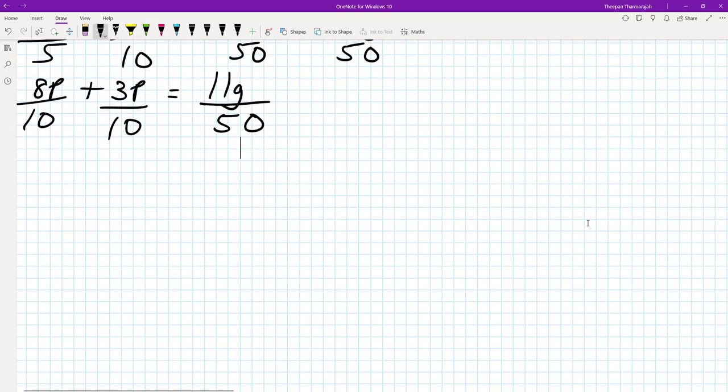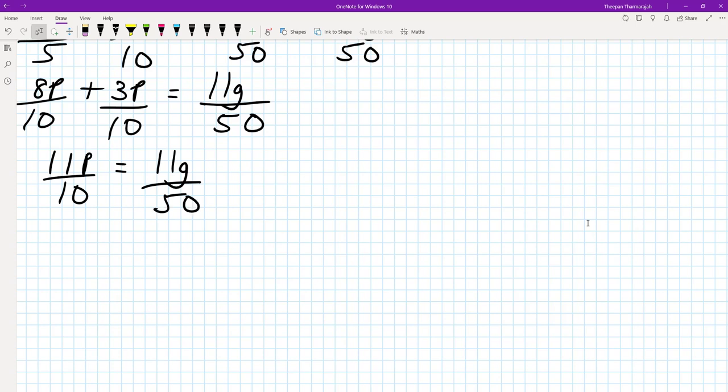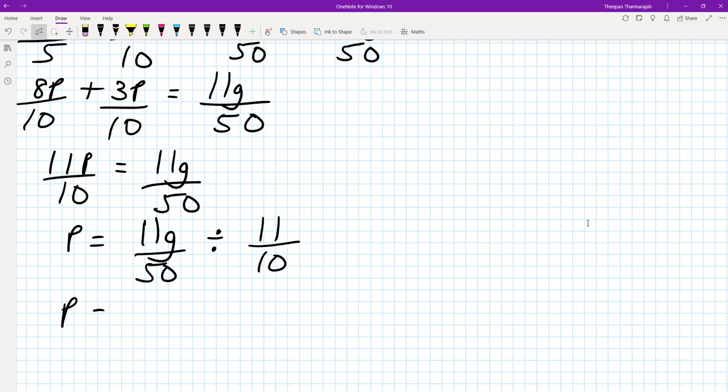So now we can get 11P over 10 equals 11g over 50. So that will give me P is 11g over 50 divided by 11 over 10. So that will give me 11g over 50 times 10 over 11.